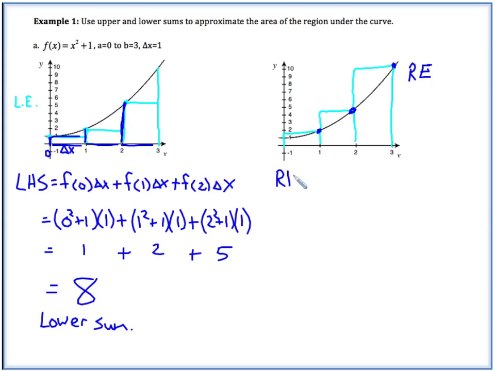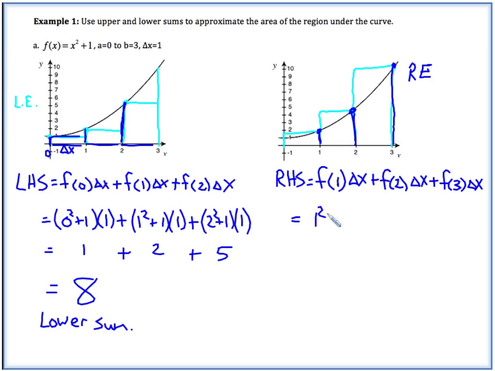And so our right-hand sum is going to be f of, well, now we're going to use the right endpoint. So f of 1 times delta x plus f of 2 times delta x plus, right here, f of 3 times delta x. And so let's go ahead and substitute everything in here.